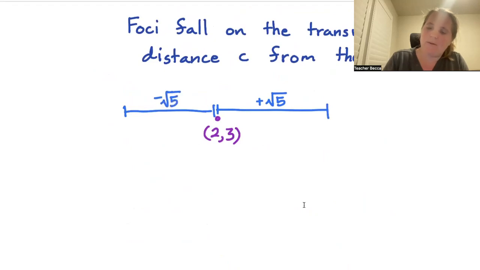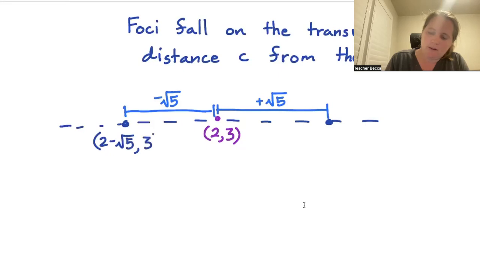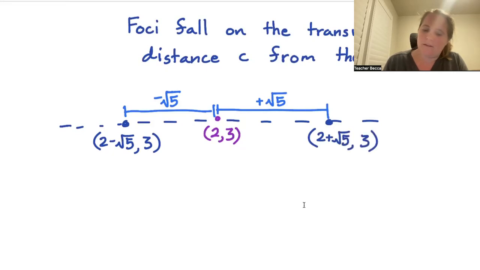Again, we're going left and right because our transverse axis is horizontal in this case. So our foci would be (2 minus root 10, 3) and (2 plus root 10, 3).